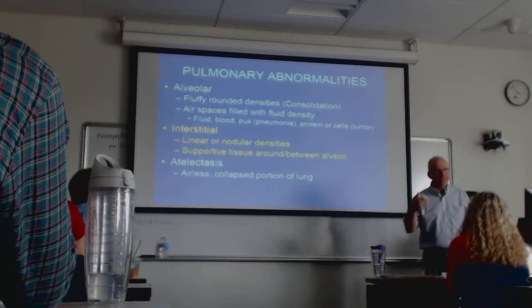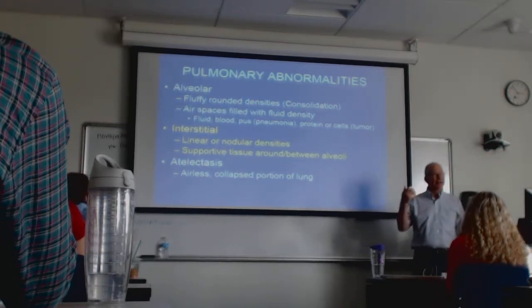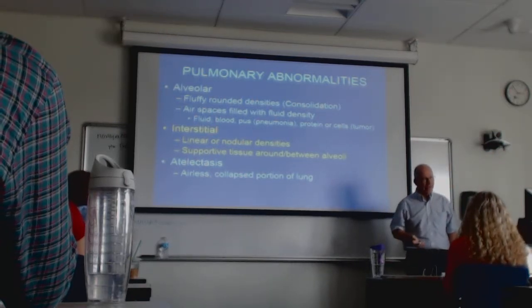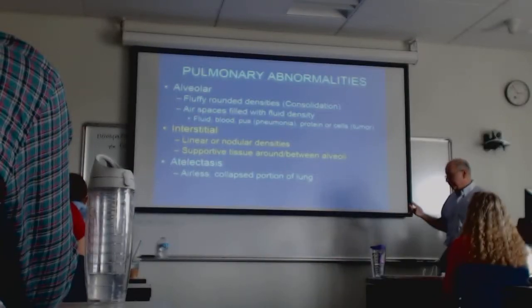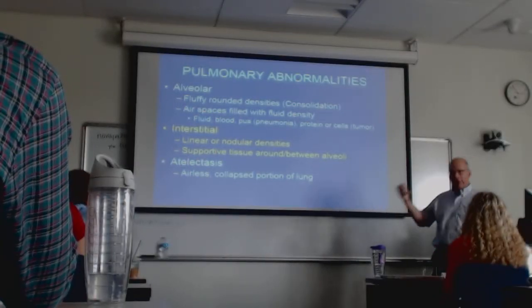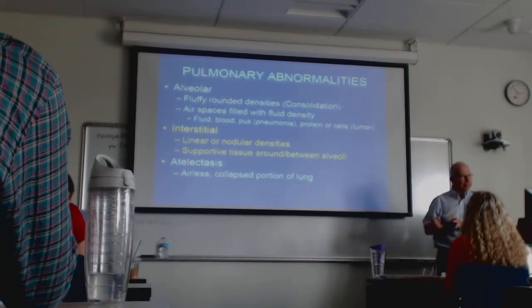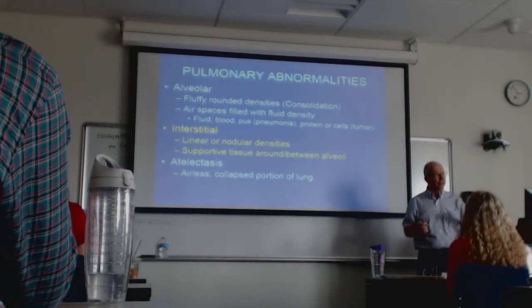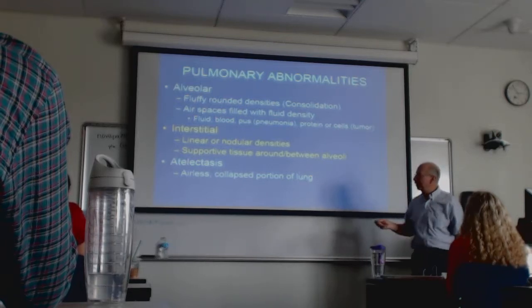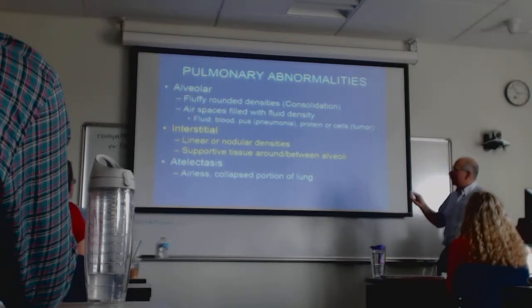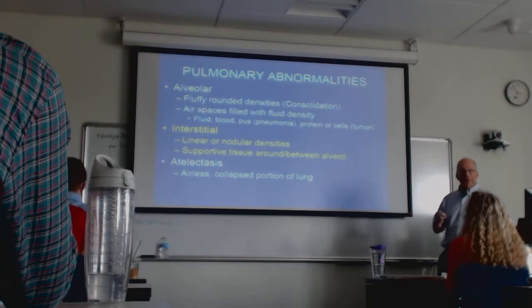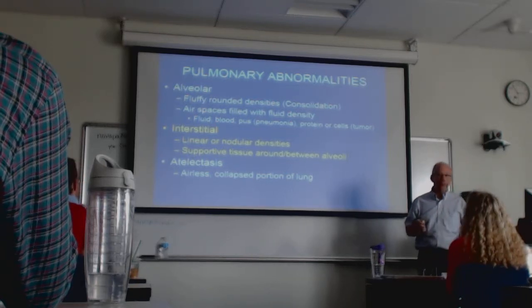When disease involves those tissues, there can be enlargement of the lymphatics. There can be sarcoidosis, which is an interstitial lung disease. It doesn't involve the airway so much, but it causes the small lymph nodes in the lungs to get big and all the lymphatics to get big. So it's that supporting tissue that tends to have a linear or nodular appearance.